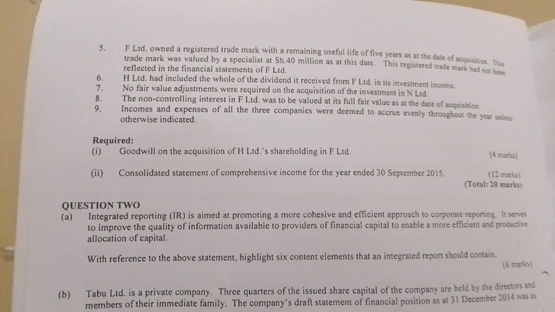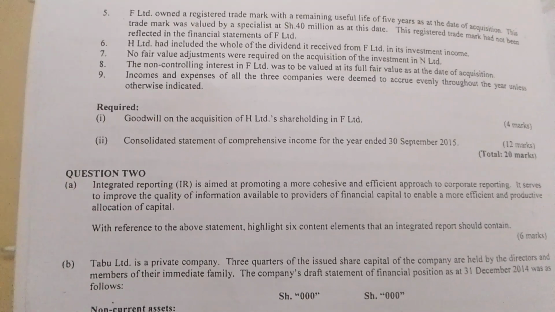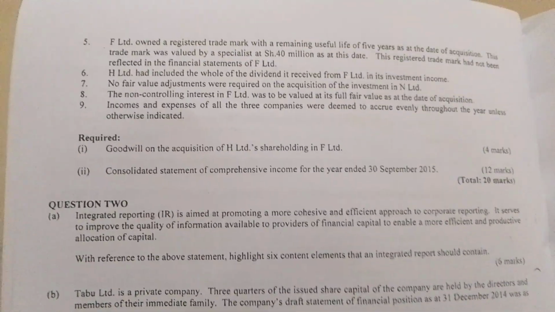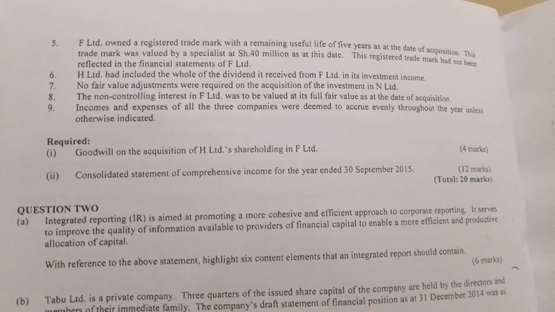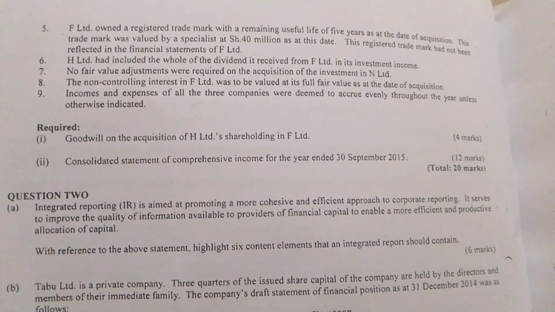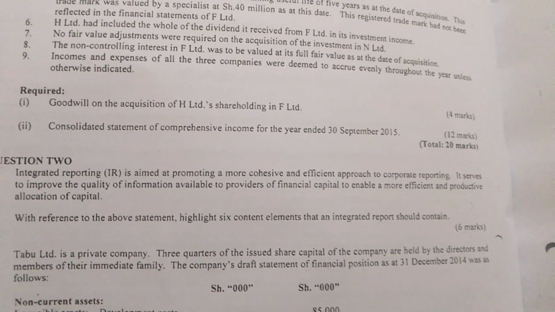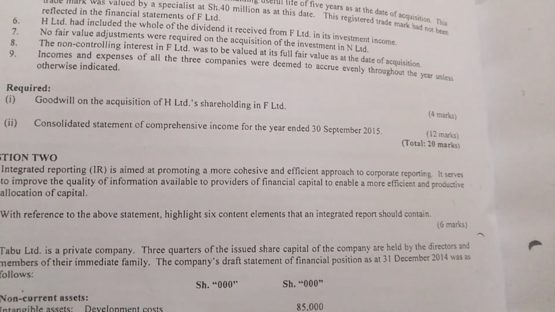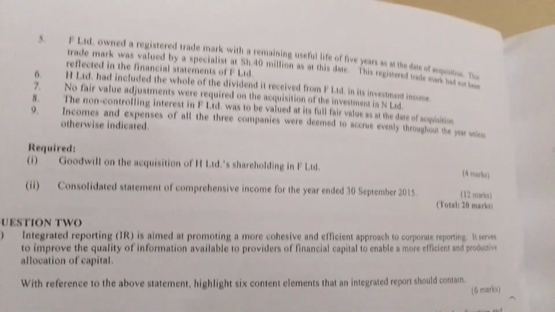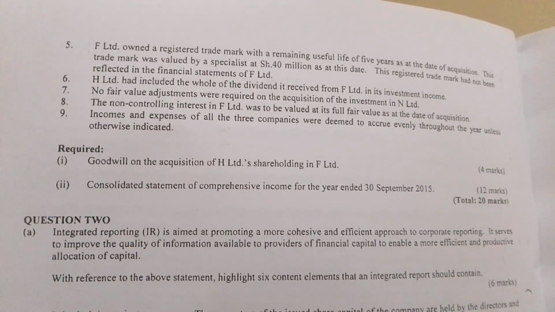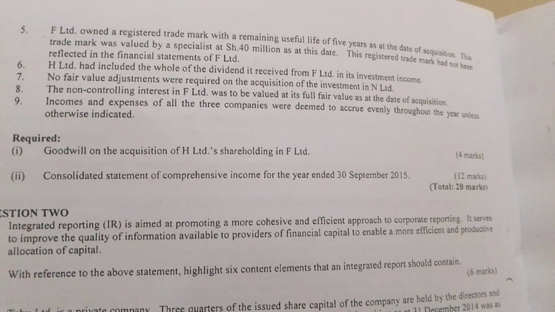This registered trademark had not been reflected in the financial statements of F Limited. So again, you do the same. This trademark, you just divide by 5. Was it for 5 years? The expected life, we are told the useful life is 5 years. So you take 40 over 5. We want to see the depreciation for 1 year.